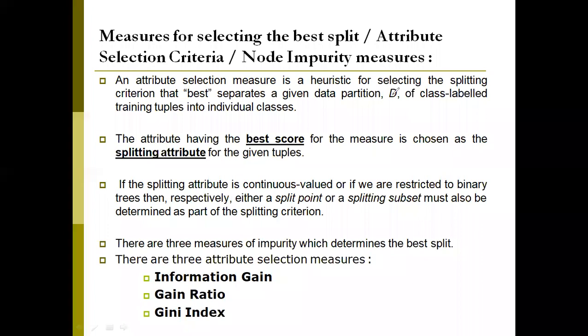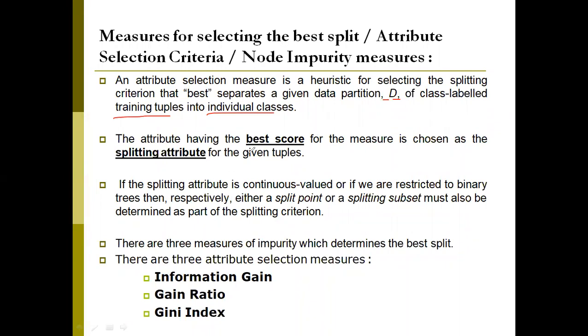Now there is a data set D with n training tuples, and these can be divided into individual classes, whether that particular person buys a computer or not. Here we are going to separate those n tuples into individual classes.